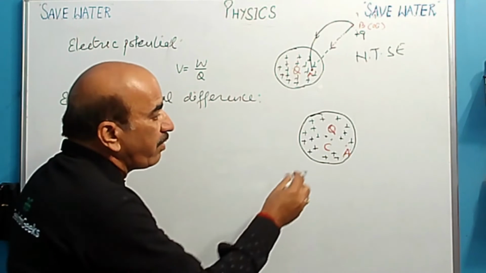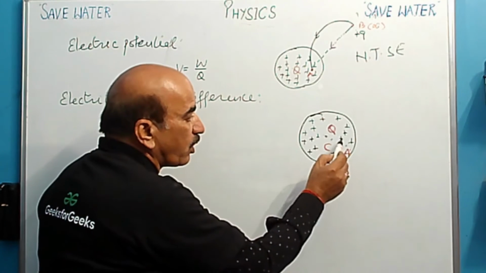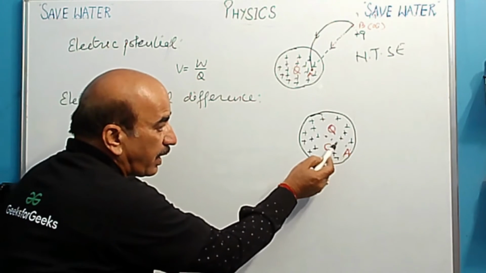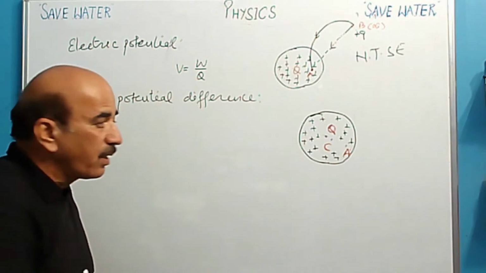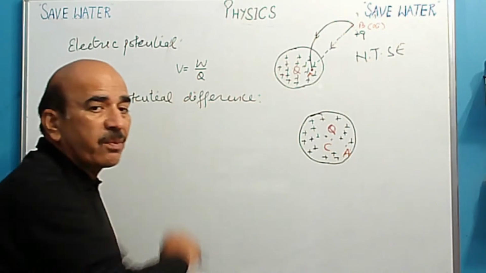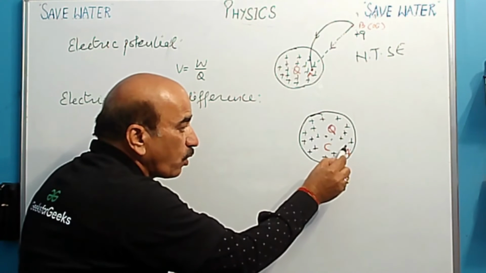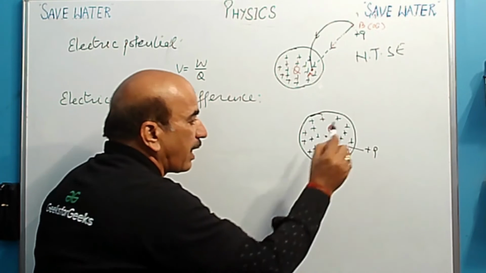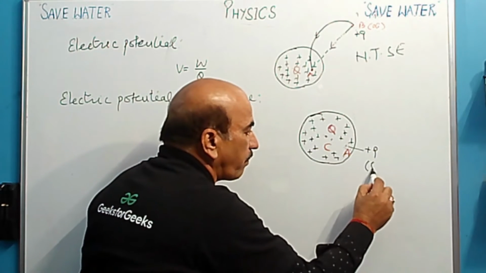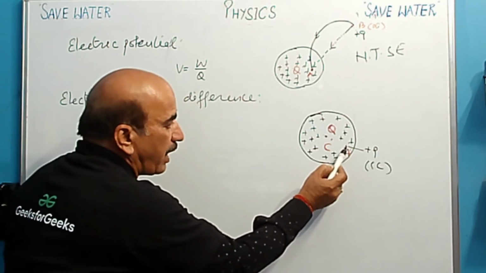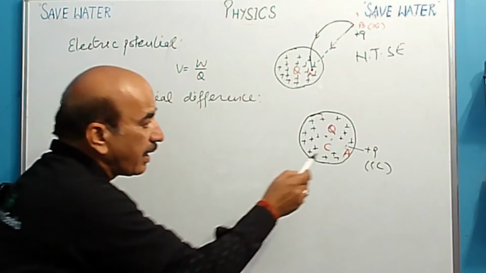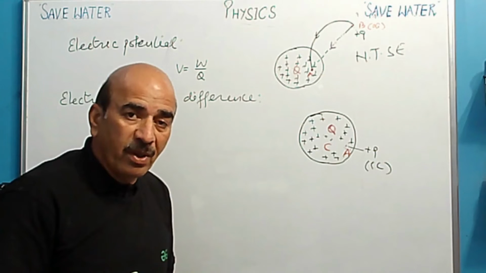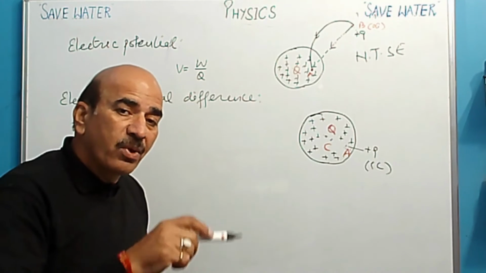So same way when we are moving a unit positive charge of 1 coulomb from A point to C point, you are moving against the electrostatic force from A point to C point. Means you have to do some work.